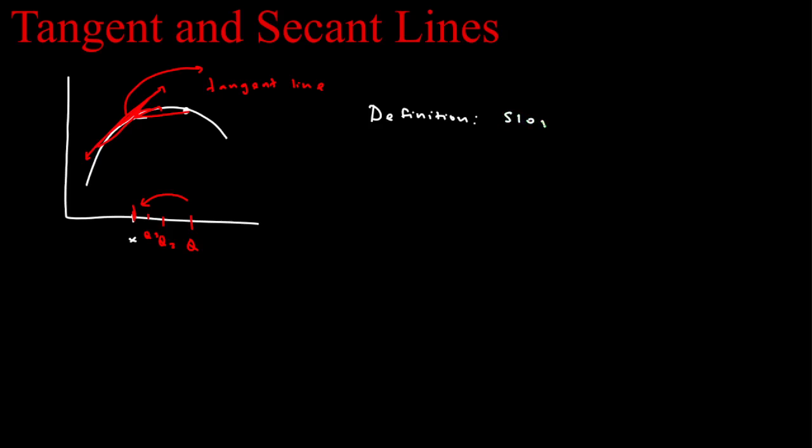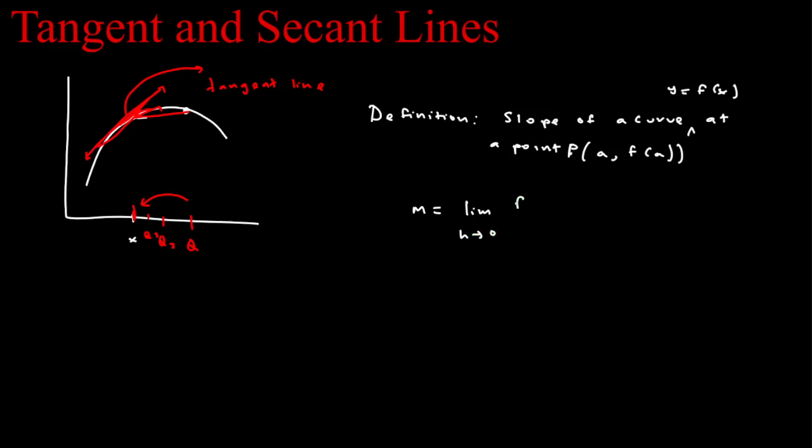The slope of a curve y is equal to f of x at a point P, a comma f of a, is m is equal to the limit as h tends to 0 of f of a plus h minus f of a, divided by h.